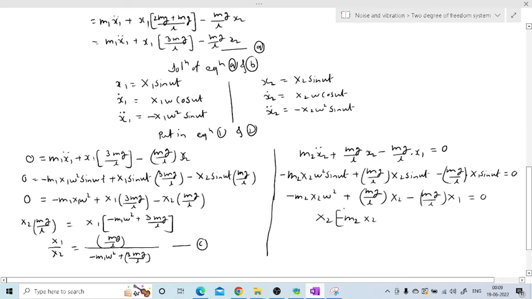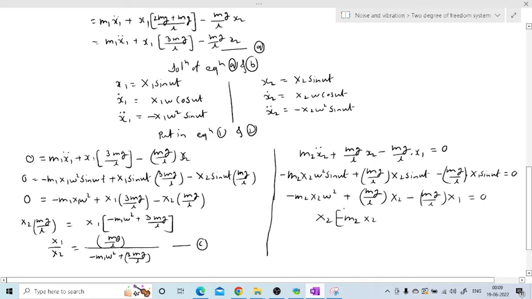And this minus term will transfer on the other side, so mg by l divided by x1. Now we'll require the ratio of x1 and x2, so transfer this x2 on other side, so x1 by x2, and transfer mg by l on this side, so m2 x2 plus mg by l divided by mg by l.